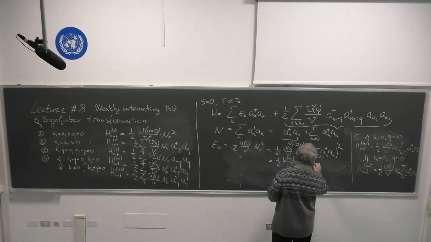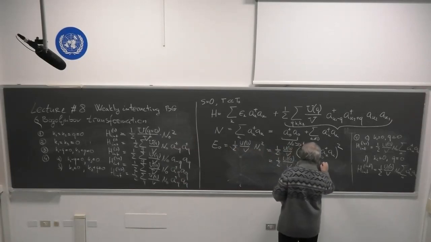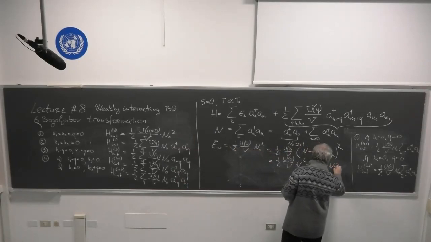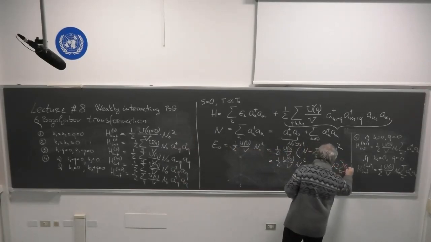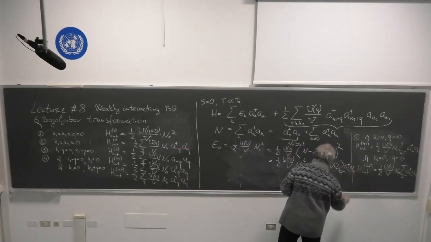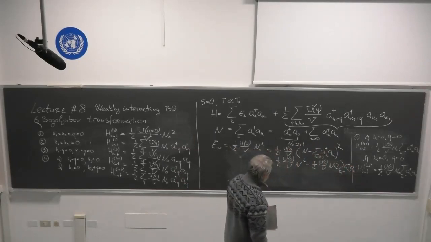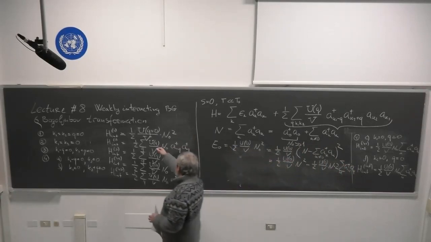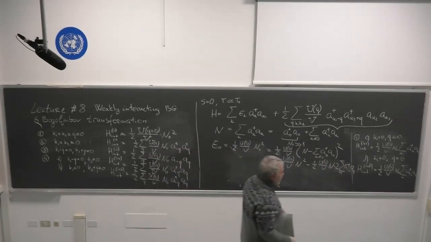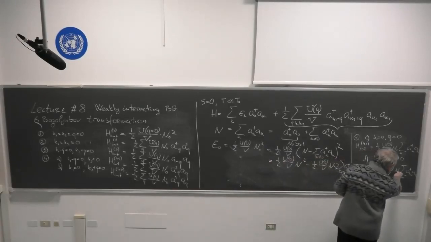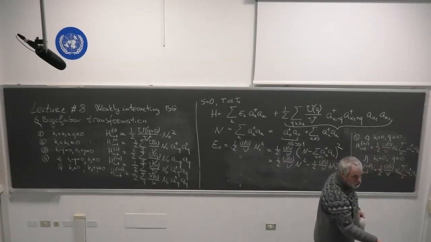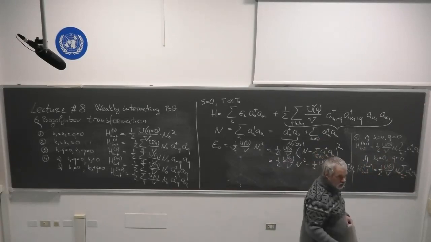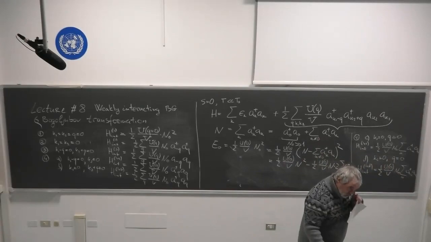So this is minus 1/2 U node over V times N times 2 sum over K, A dagger K, A K. And everywhere else, in all terms 2, 3, 4, I'm going to replace A node by N, because the difference between A node and N is of higher order than I consider in my calculations.